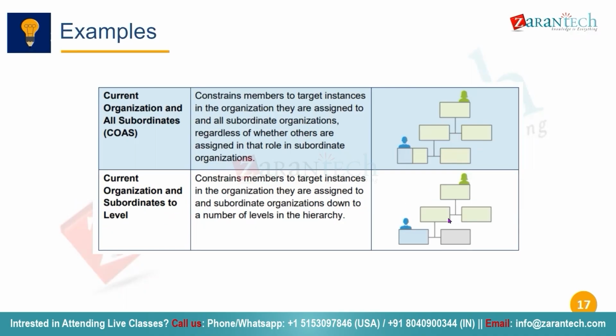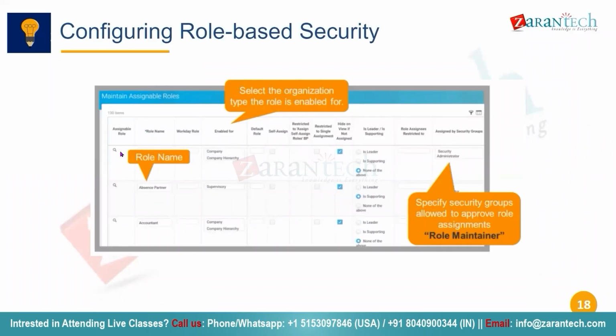Okay, so in role-based security we also have levels, right? Management level 1, management level 2. We can define the role restriction based on the level in any kind of role-based security group. So how these security roles are assigned, we can look into the tenant also.